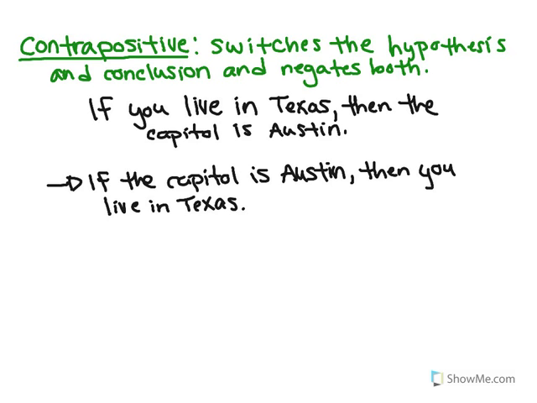Now I need to negate both the hypothesis and the conclusion. So this is going to look like this. The hypothesis states if the capital is Austin, then to negate it, it would be if the capital is not Austin.